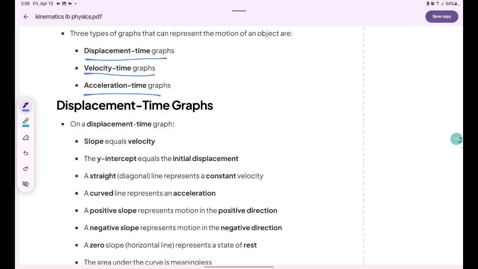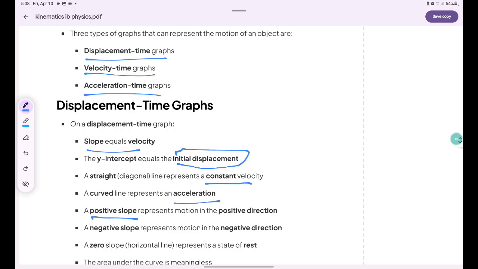Displacement time graph. On a displacement time graph, slope equals velocity. The y-intercept equals the initial displacement. A straight line represents constant velocity. A curved line represents acceleration.